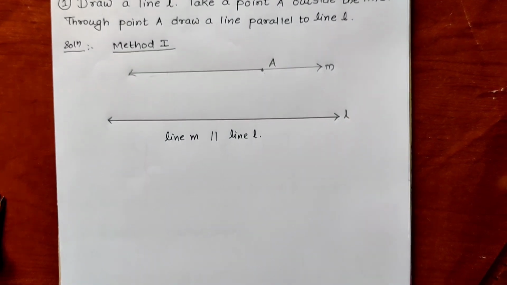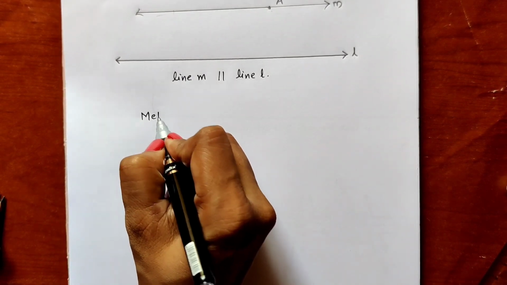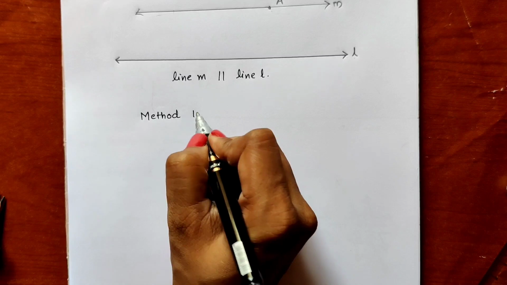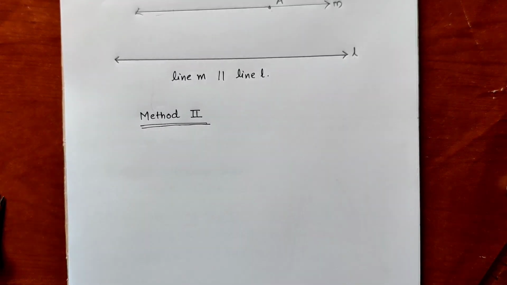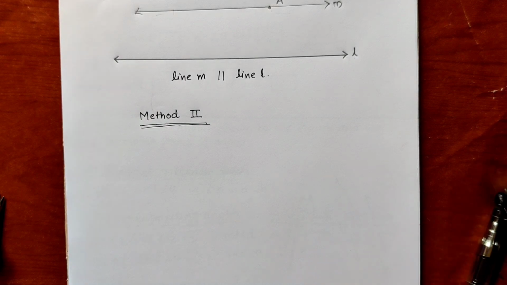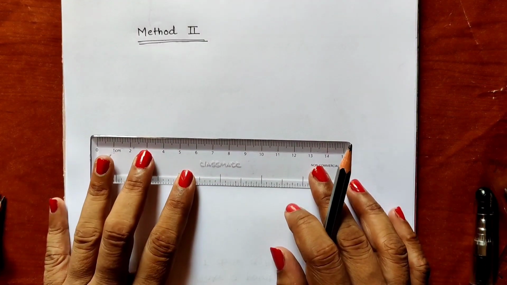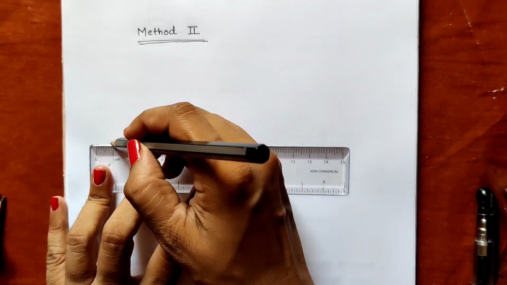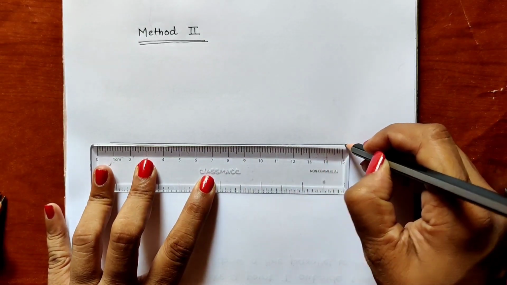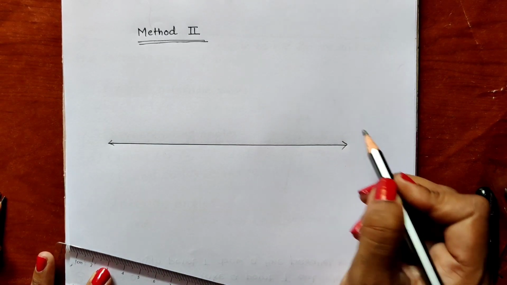Now let us see second method, method 2. Again we will be drawing one line L. Okay, we will take any point A outside the line.